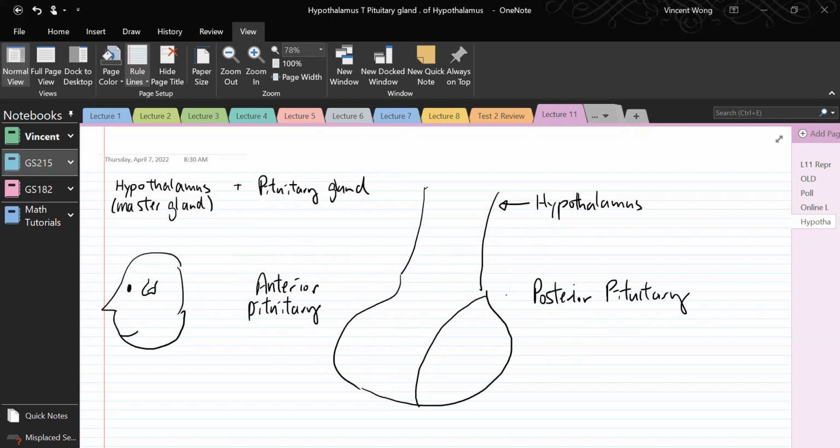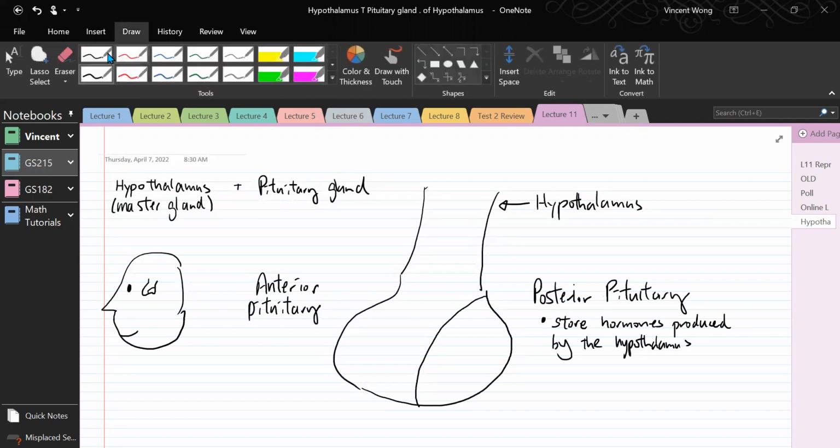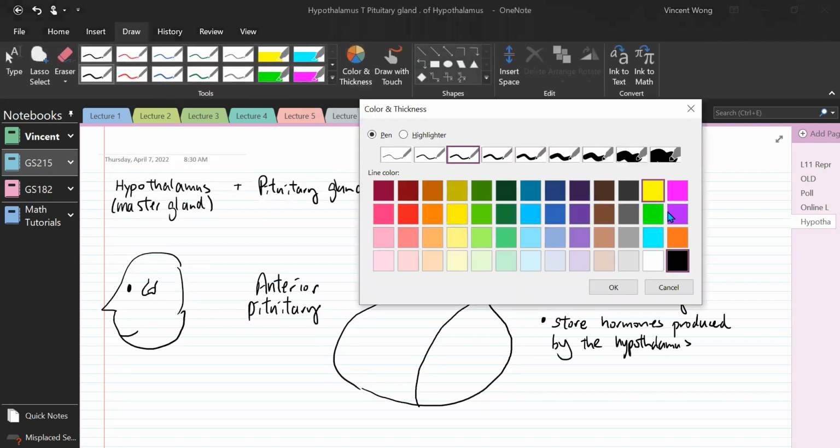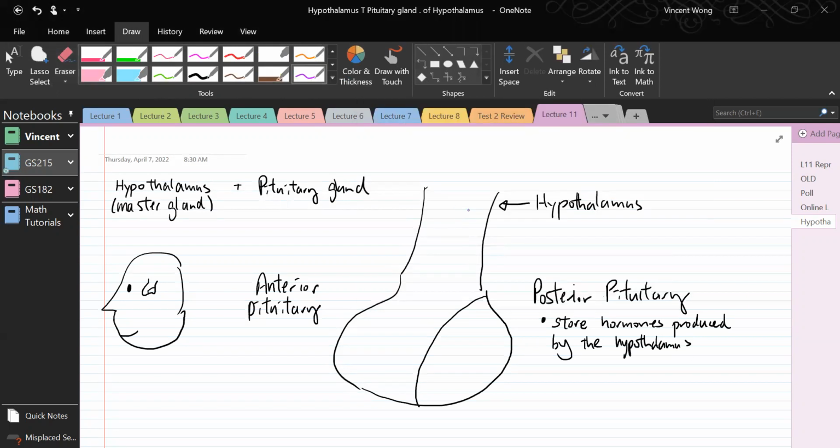All right. So the function of the posterior pituitary gland is that it will store hormones produced by the hypothalamus. Now, I think I already talked about this in the lecture, and if I have not yet, I will talk about this in the next recording.